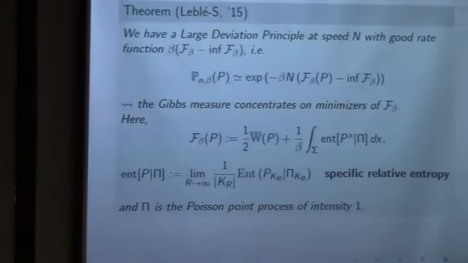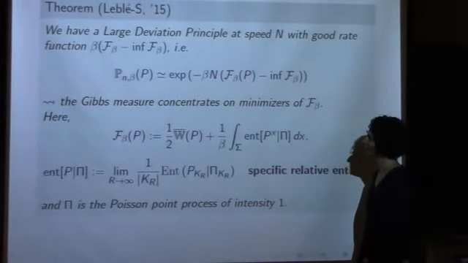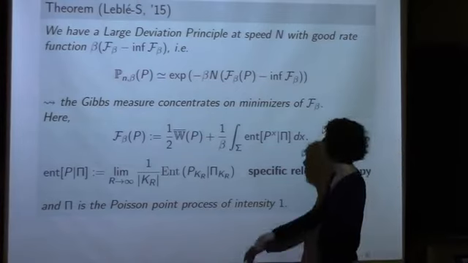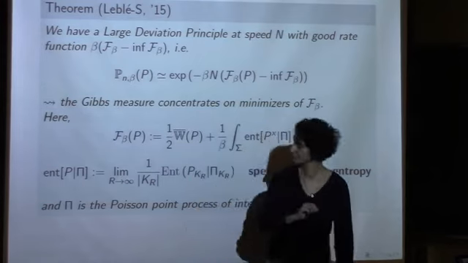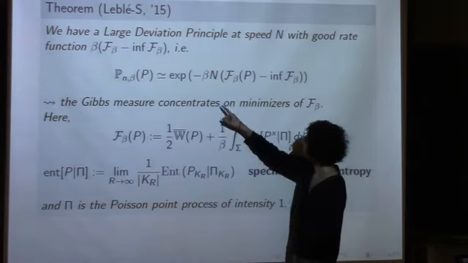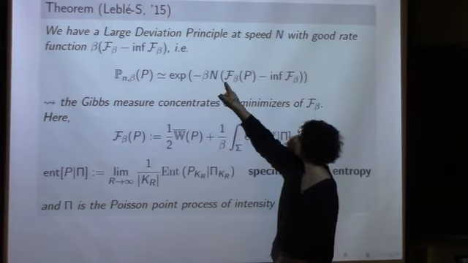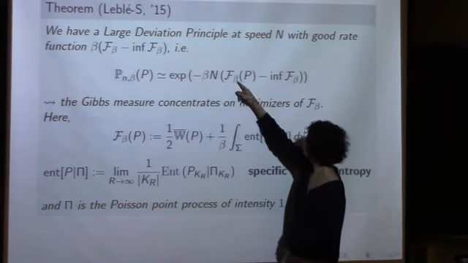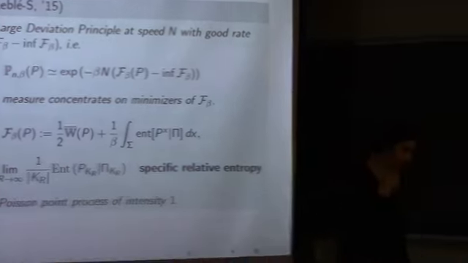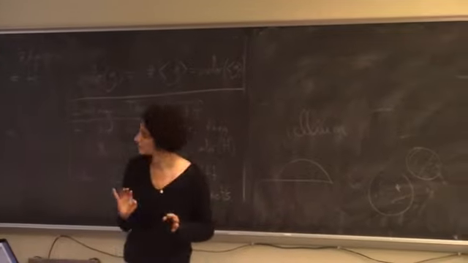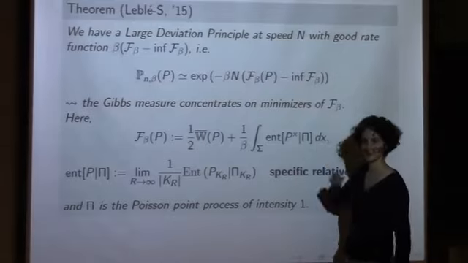And we obtain another large deviation principle, but this time at the next order. It's saying that the probability to observe a point process that looks like P is decaying exponentially, like exponential of minus beta n, times a certain function F beta minus its minimum. So again, you will have exponential decay of the probability, except if you happen to be at the minimum of this F beta.